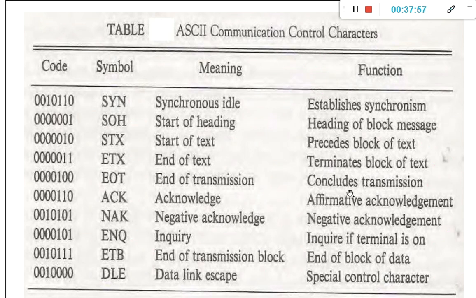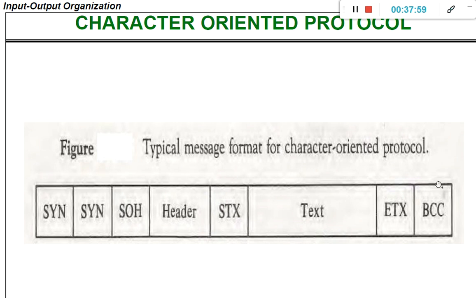And the next thing for the character oriented protocol, how the message format will be represented is like this: synchronization from sender, synchronization for the receiver, start of header, start of text, actual text, end of text, BCC.